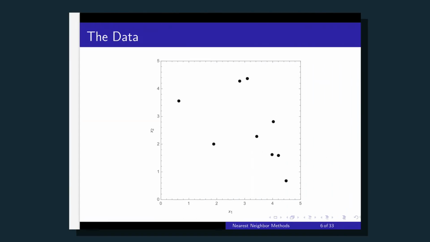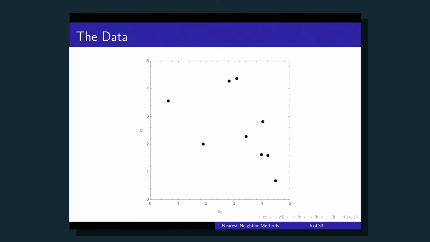So, let's talk about KNN, or rather nearest neighbor methods. Let's start with a toy example of data, and I'll try to keep this toy example constant as we go. What we have is a two-dimensional data set. Each instance X is made up of a vector of two elements, and we call them X1 and X2.